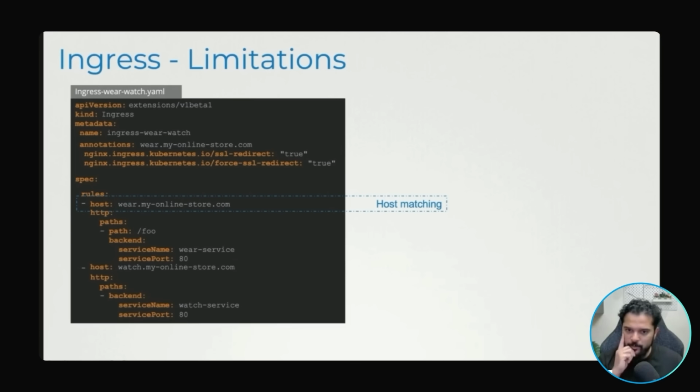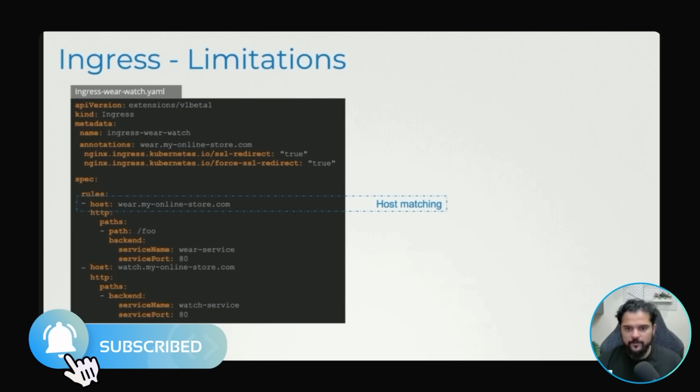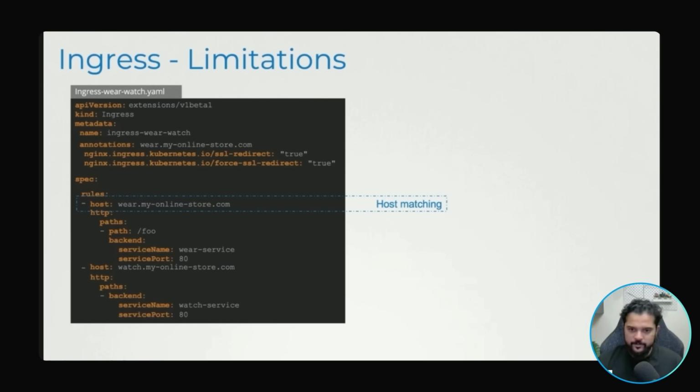In this case, we're saying this particular host: whenever a user types in where.myonlinestore.com and that traffic hits the load balancer, if the host name the user typed is where.myonlinestore.com, then we want to redirect that traffic to this particular backend, which is the where service. So that is one configuration: based on the host name the user typed in, you can redirect traffic to a particular service in the backend.